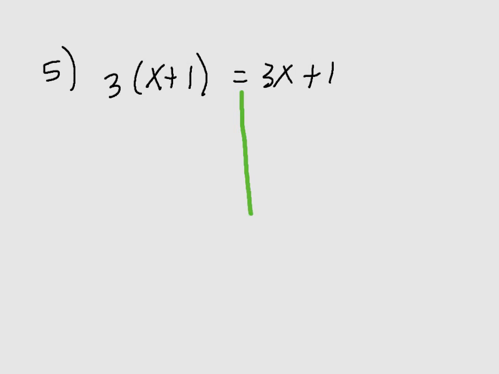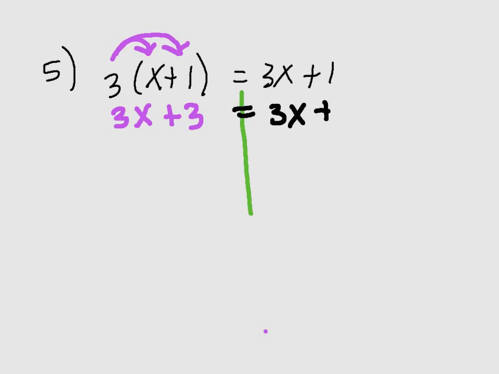Don't be fooled and don't jump to a conclusion too soon. Okay? Always work it out. Don't be lazy. So we're going to distribute the 3. 3 times x is 3x. And 3 times 1 is 3. Aha! Look at the other side of the equation. On the other side, you have 3x, but not plus 3, but plus 1.